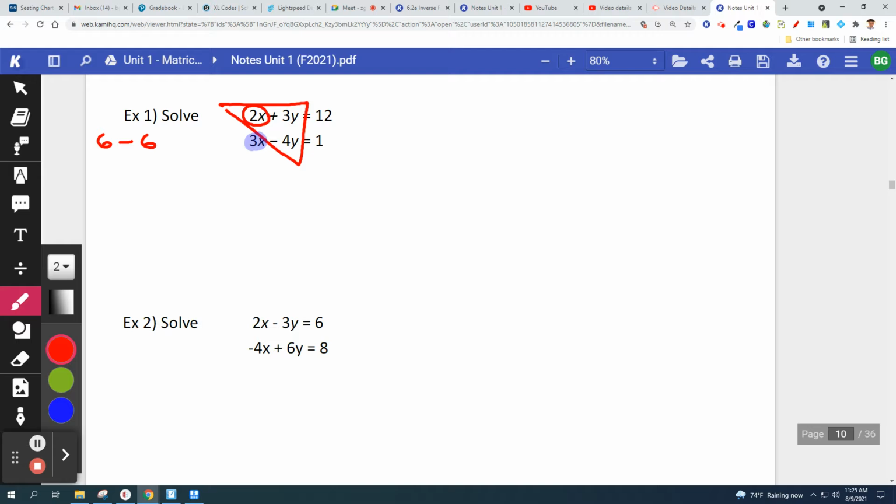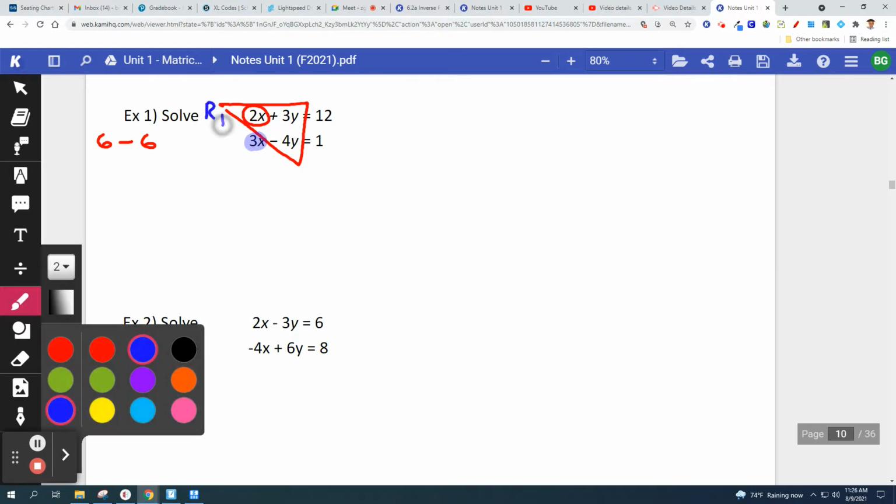All right, so you need to come up with a rule using your row. So remember that this is row 1 and this is row 2. All right, so focus. This is the hard part. In order to make this have 6 minus 6, or if you want to think about 6x minus 6x, it looks like we would need to take 2 of the row 2s, that would be 6x, and then subtract 3 of the row 1s.